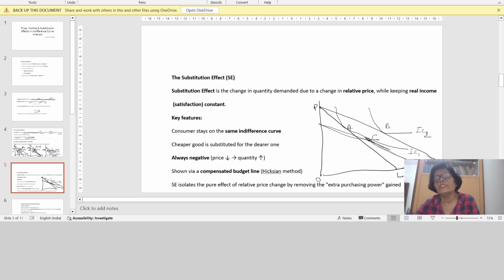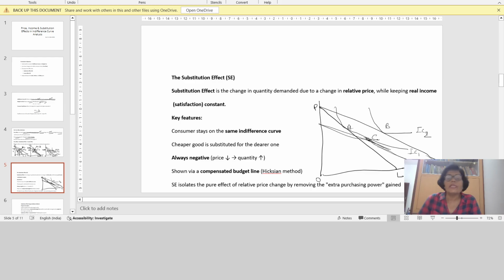Due to substitution effect, the consumer will always try to buy the cheaper goods instead of the expensive goods. So substitution effect is always positive towards the cheaper goods, and whenever the price decreases, the quantity purchased increases.